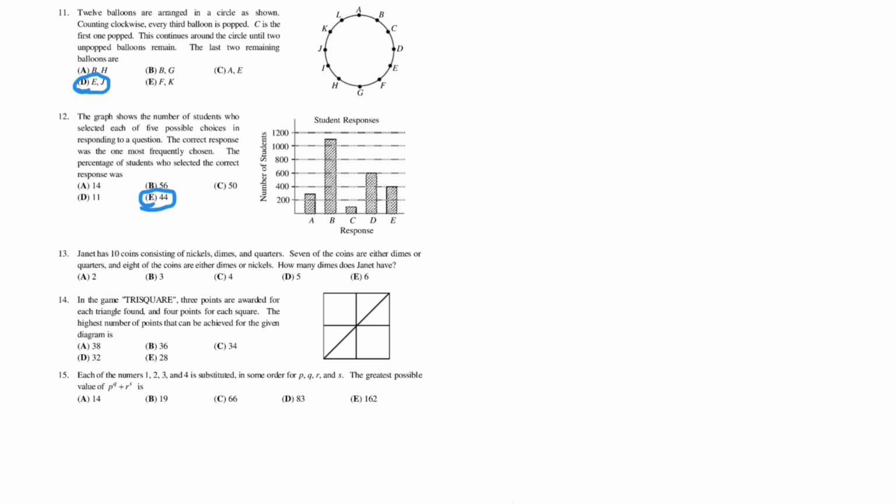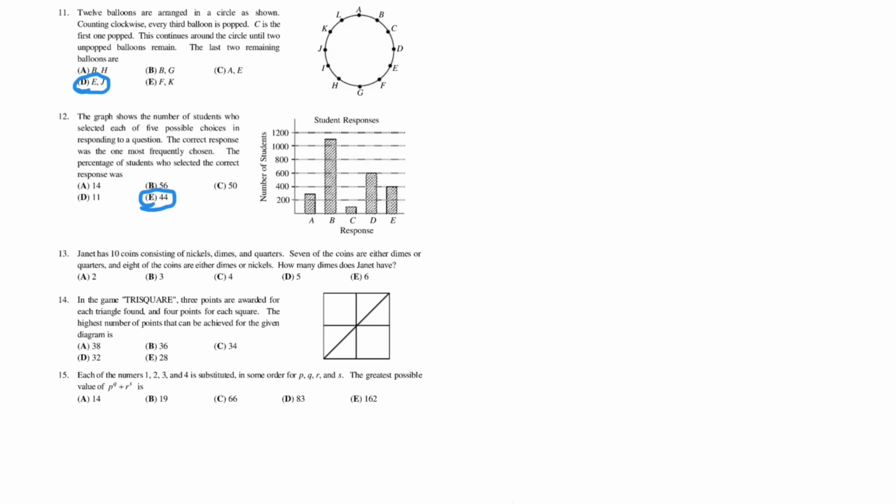Number 13. Janet has 10 coins consisting of nickels, dimes, and quarters. 7 of the coins are either dimes or quarters, and 8 of the coins are either dimes or nickels. How many dimes does Janet have?